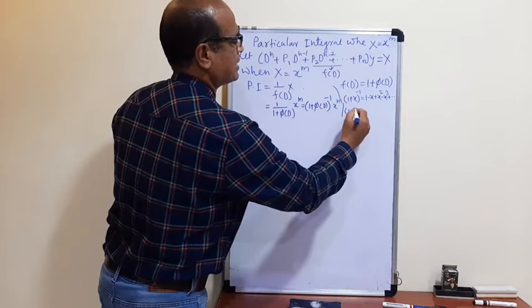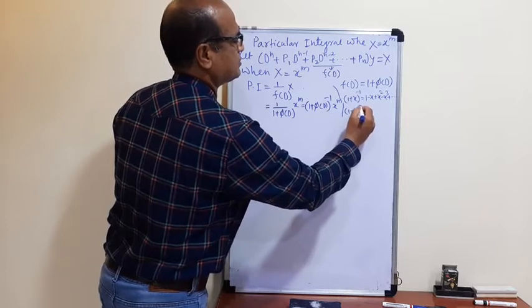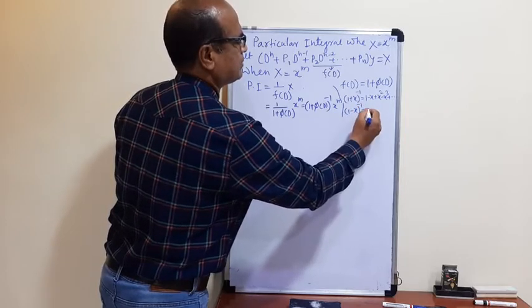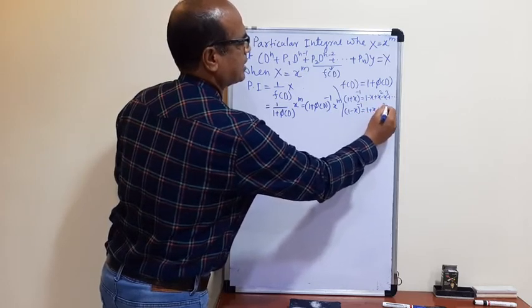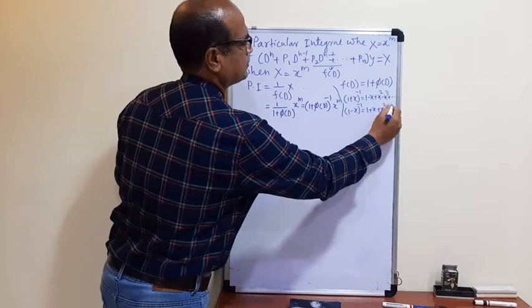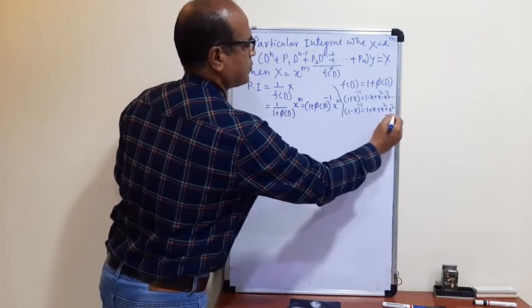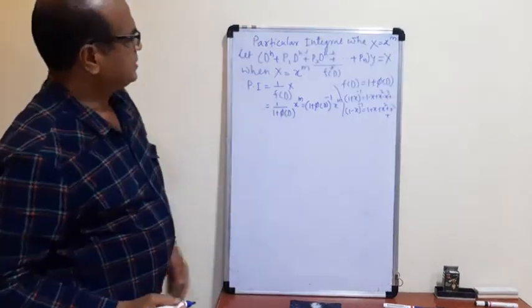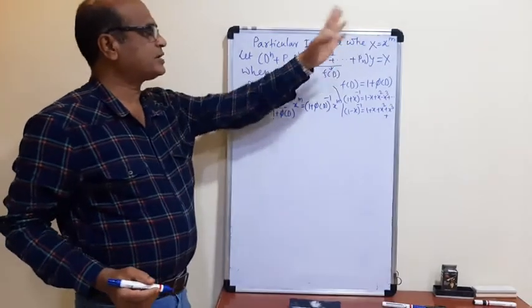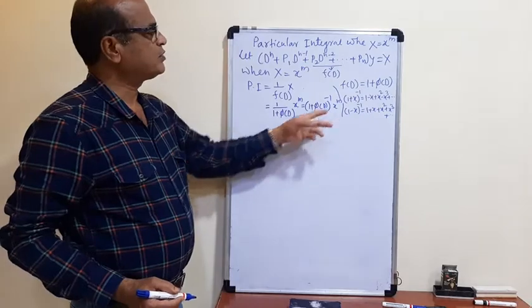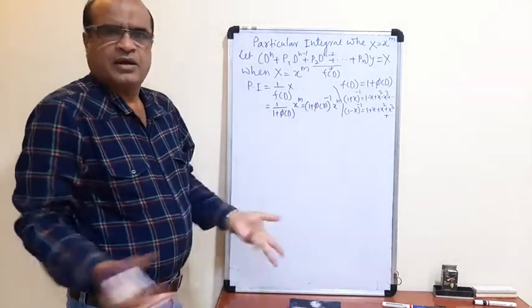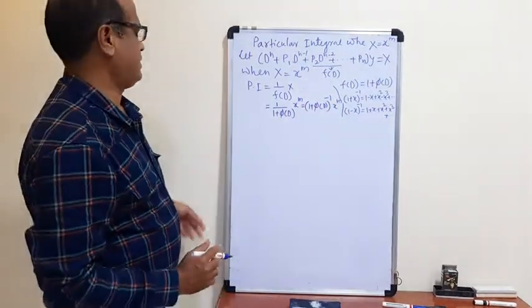Similarly, 1 minus x raised to minus 1 is equal to 1 plus x plus x square plus x cube and so on. So we use this formula in the example here.